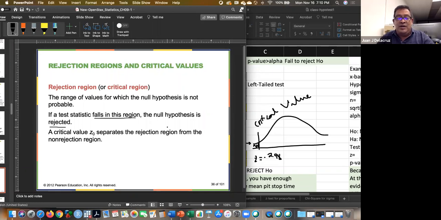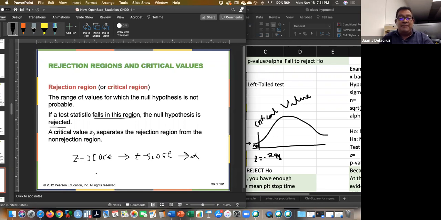So let's take a look at this. Rather than using the p-value and the alpha, I'm gonna use the z-score of my data. I'm not gonna find the area under the curve. I'm gonna find the z-score, and I'm gonna compare it with the z-score that arises from alpha, right? Whether it is 5%, 2%, or 10%, I'm gonna find the z-score that corresponds to the level of significance alpha.